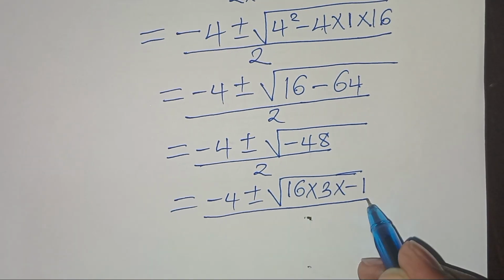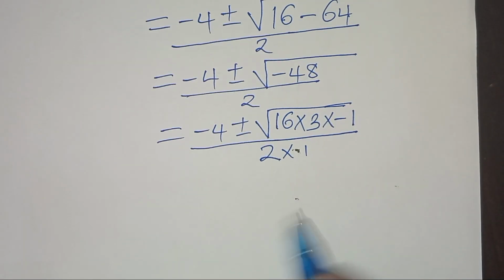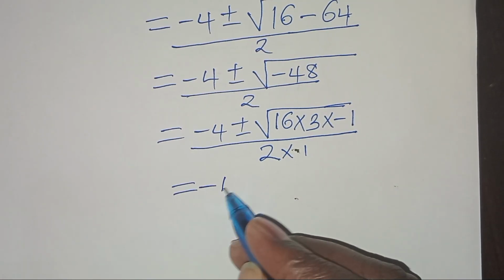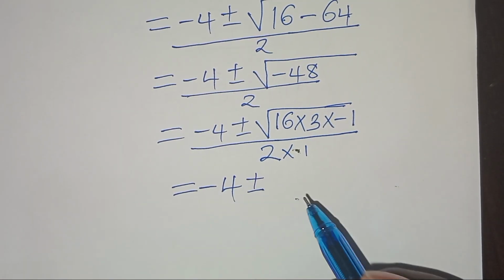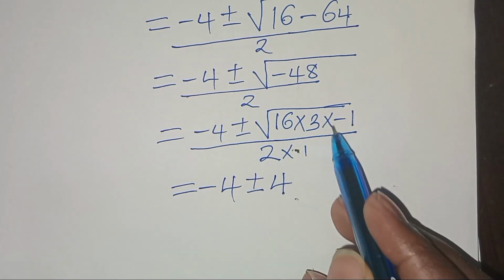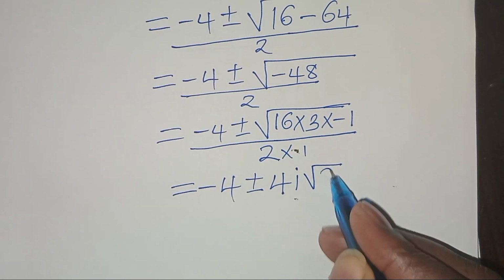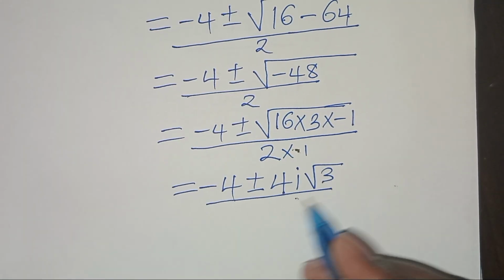All this divided by 2 times 1. So in this case here, we'll have negative 4 plus or minus the square root of 16, which is actually equal to 4, the square root of negative 1, which is i, then square root of 3, all this divided by 2.